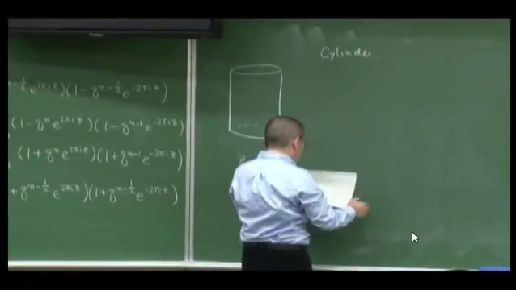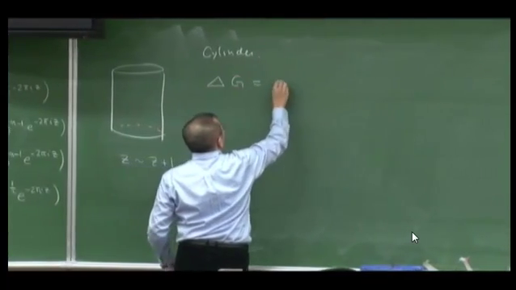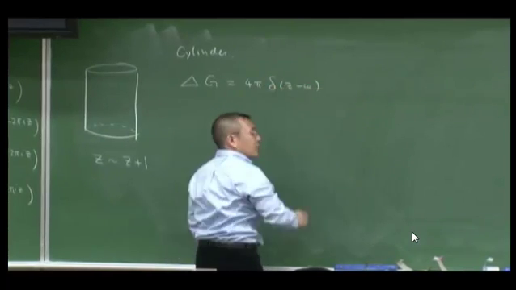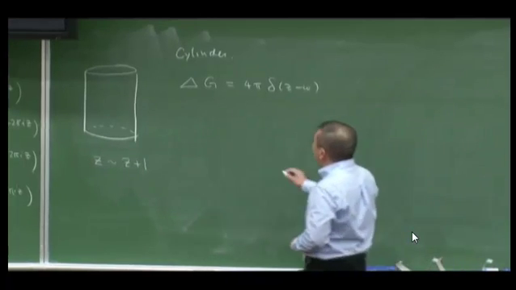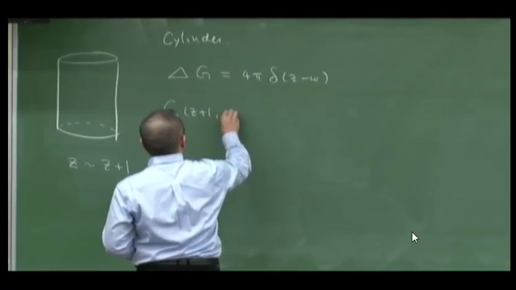You can ask, what is the solution to the Laplace equation on the cylinder? Okay? But now the solution has to have a periodicity because it's defined on the torus, cylinder, excuse me.